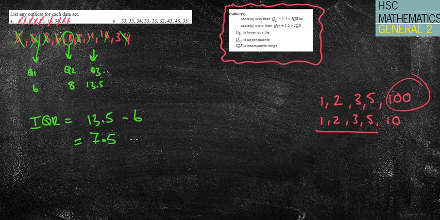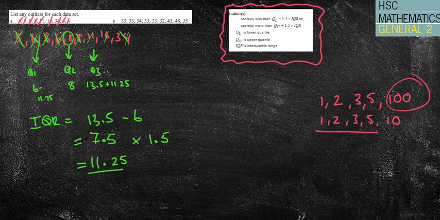And I'm going to times that by 1.5 because that's what it says up here. 1.5 times the IQR. So times that by 1.5, we get 11.25. So in order for my data to have an outlier, we need to add 11.25 onto 13.5 and take 11.25 away from 6.